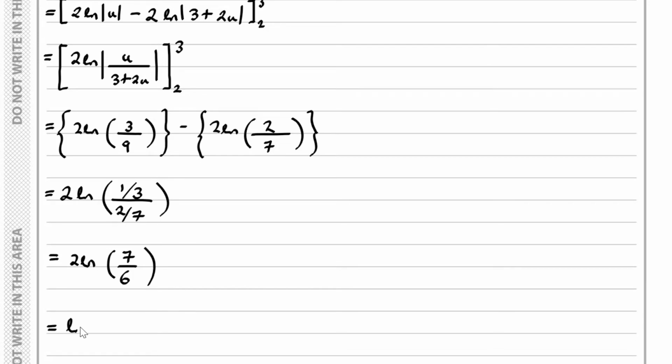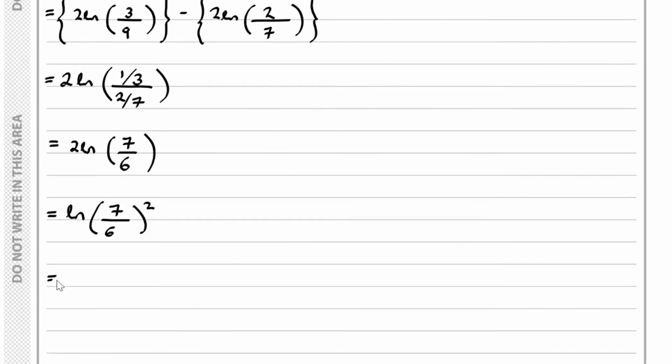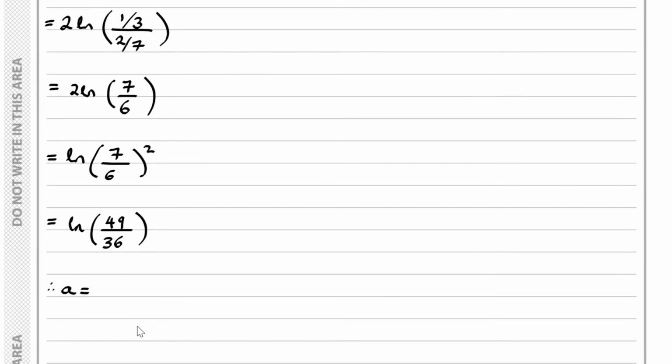So we have the natural log of 7 over 6 squared, and 7 over 6 all squared would be 49 over 36. So in other words, A is equal to 49 over 36.